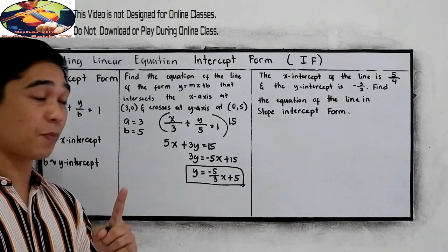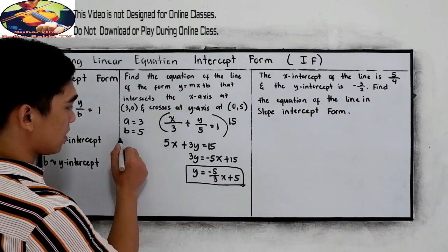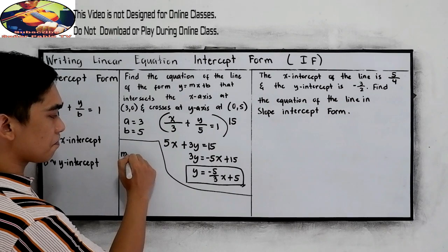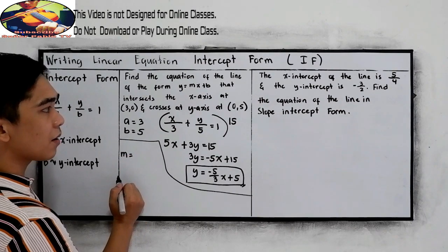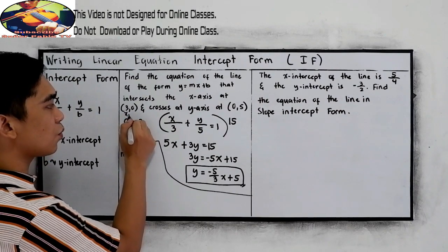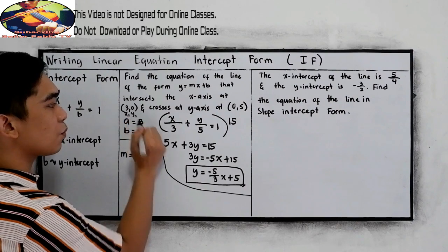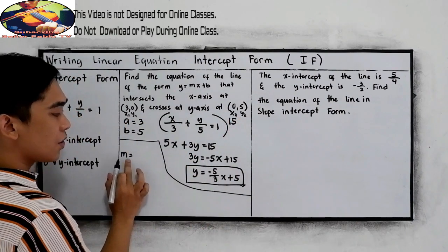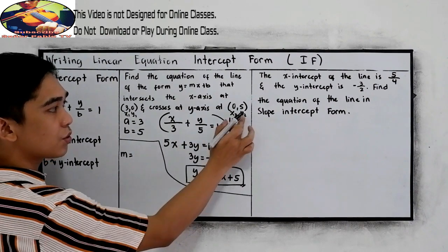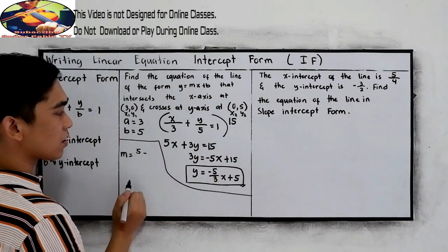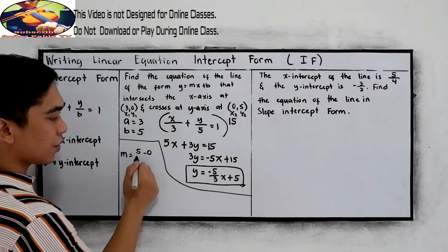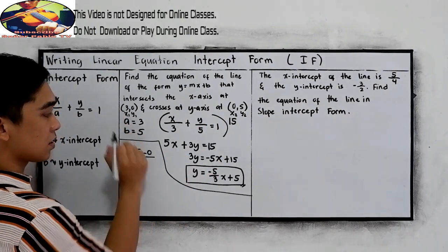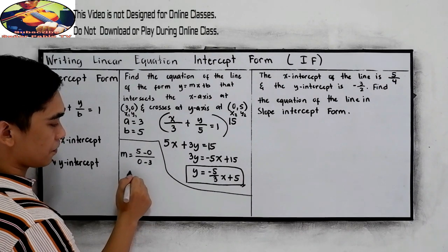Okay, let's have some experiment. If we're going to find this slope, m, let's say this is x sub 1, y sub 1, x sub 2, y sub 2. The formula for m is y sub 2 minus y sub 1, 0, over x sub 2 minus x sub 1, 3.